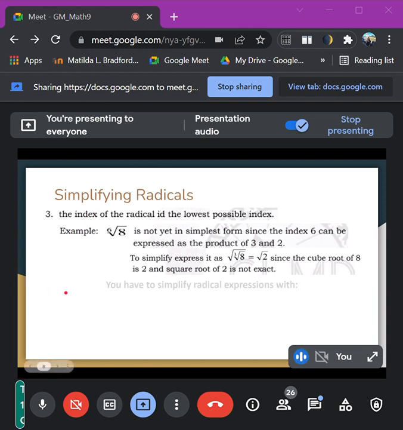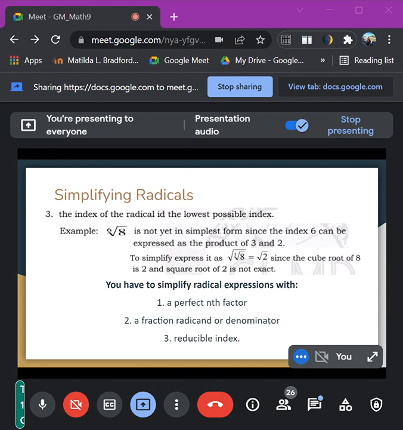So, now, here you have to simplify radical expressions with a perfect nth factor, a fraction in the radicand or denominator, and a reducible index. This is the generalized form for simplifying radicals. Okay? So, study the numbers or the radicals well, because it is not possible to see the answer at a glance. But you should know there are still other ways to solve it.